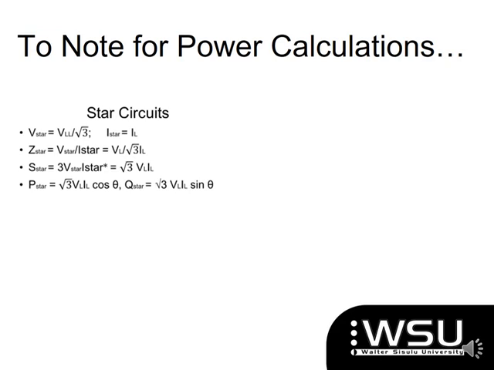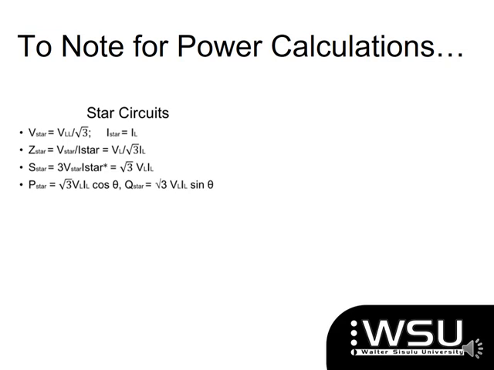So therefore your S star, which is your complex power, becomes 3 times the voltage multiplied by the current. It's just that voltage star and that current star. And that voltage star, you can obviously now see, is your phase voltage, and that current star is actually your line current as well.